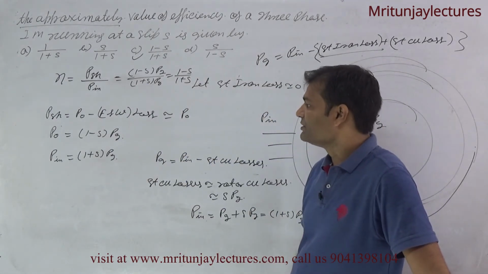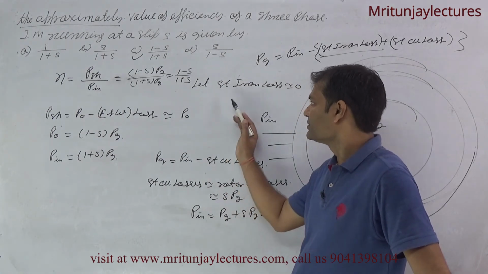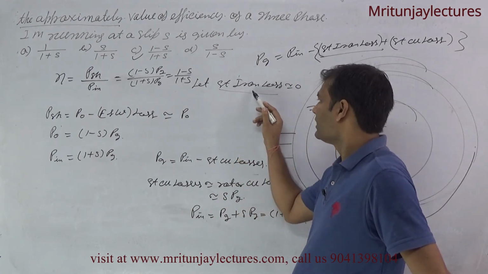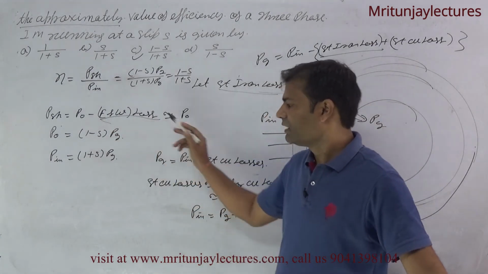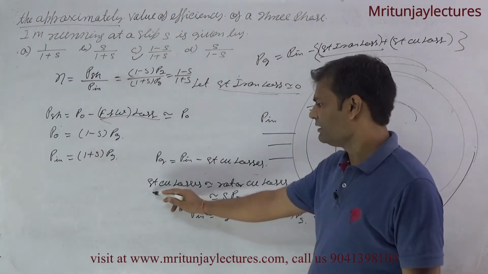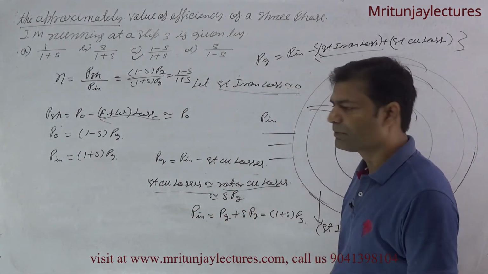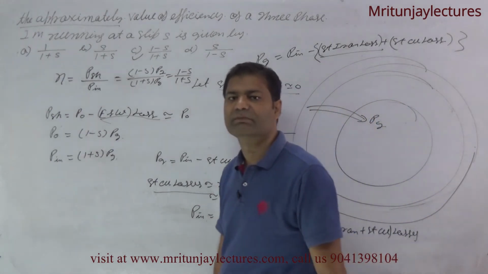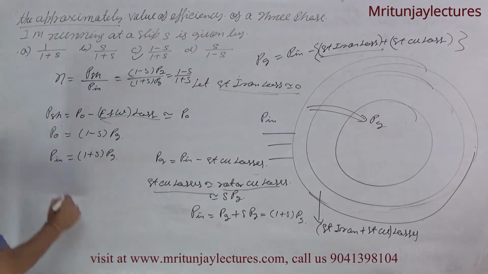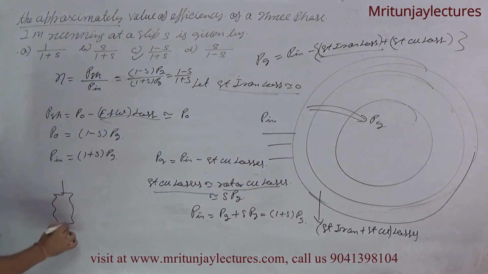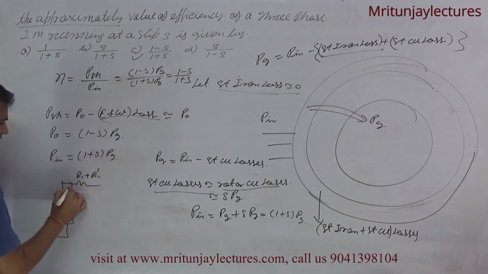What is the approximation here? We have taken the approximation that stator iron loss is 0 and friction and windage loss is 0, and practically the stator copper loss and rotor copper loss are approximately the same. Remember the circuit, make it like this, that is R1 plus R2 dash, and that is I2 dash.